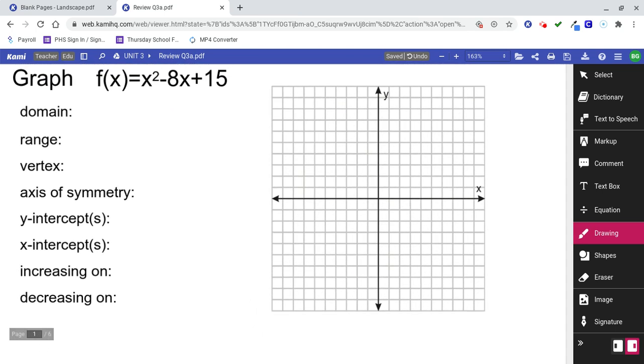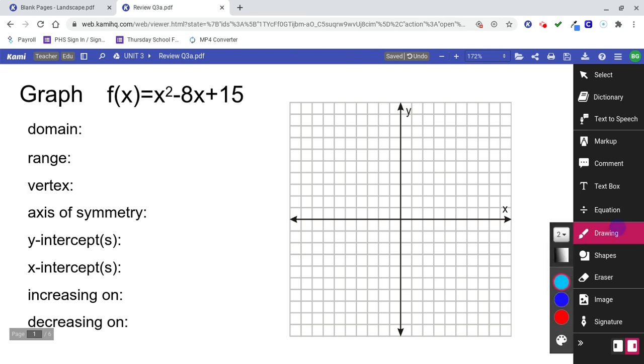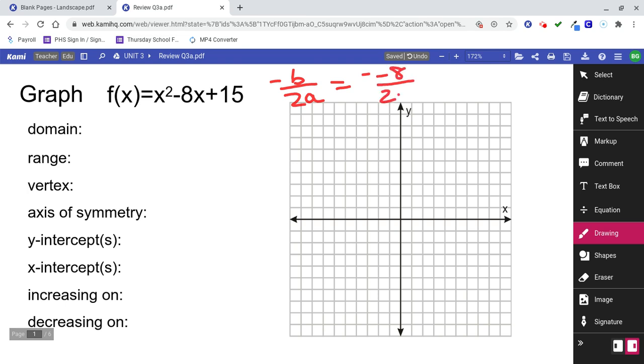Next one I think is a little bit harder because it's a little bit harder to get your vertex, and that's where we want to start. You have to remember the vertex formula, which is -b/2a. So in this case, that's going to be -8/2 times a is 1, or 8/2, which is 4.